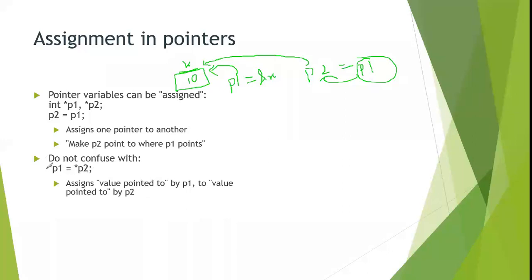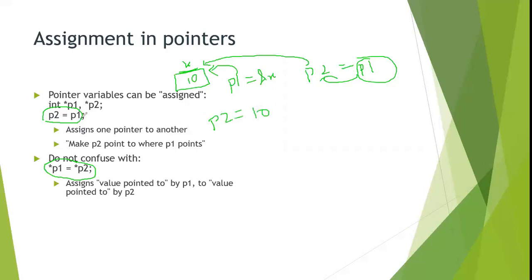Again, what is the difference between this value and this value? Can you understand this? If I write here asterisk, in this case, what will happen? P2 will be equal to 10.